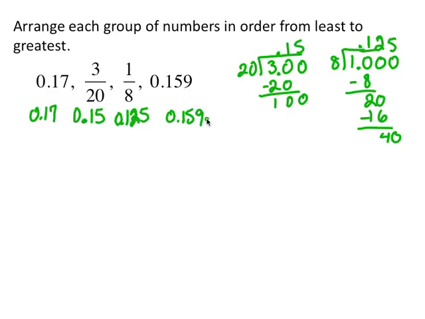So the most places that any of them have is 3. So we want all of them to have 3. So in other words, the ones that just have 2 decimal places right now, we're going to add a 0 to them to make them be the same length. And we'll do the same thing for this one. And we'll just go ahead and rewrite these so we're looking at the same line.